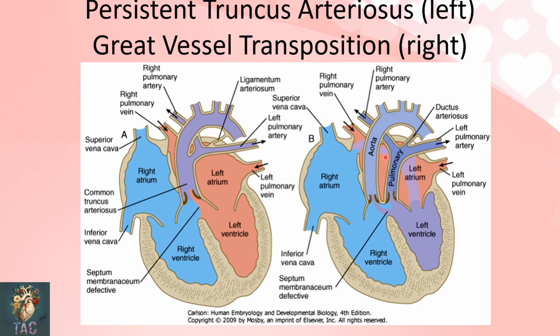But if the conotruncal septum does not grow spirally and descends straight downwards, then it will divide the conotruncal area into two equal parts, the aorta and the pulmonary artery, and in this case the aorta will arise from the right ventricle and the pulmonary artery from the left ventricle. Such a condition will always be associated with a patent ductus arteriosus.